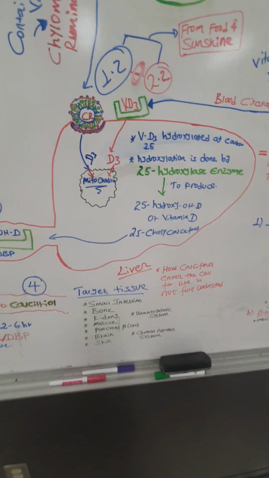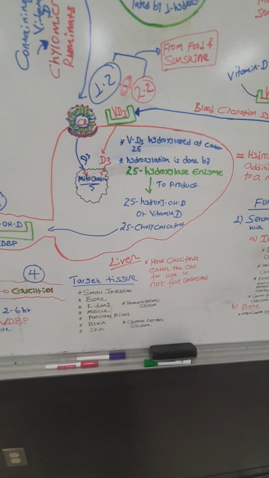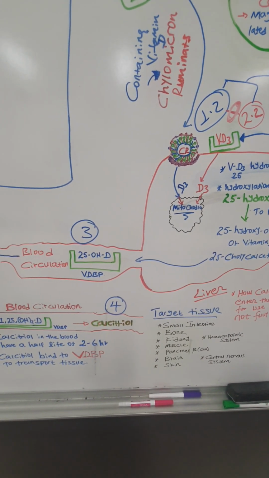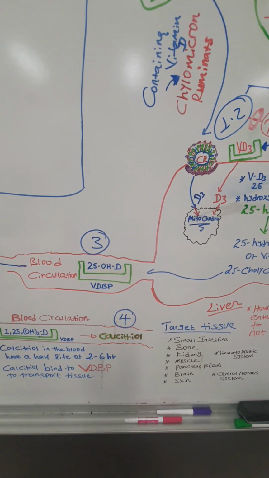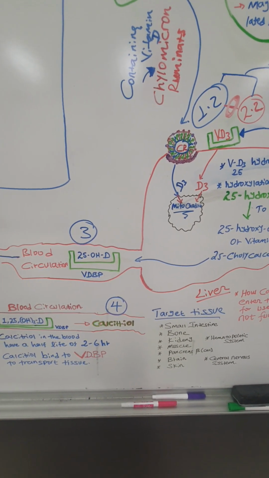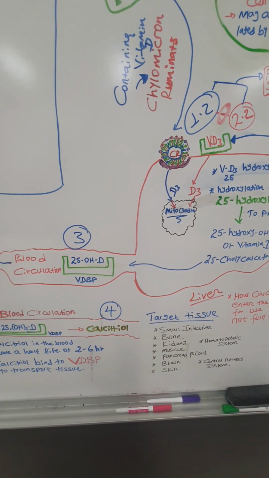Then this 25-hydroxy-OHD form of vitamin D3 will go out of the liver through the vena cava, reaching the right atrium, then it goes to the lung for oxygenation, because blood which is carried by the inferior vena cava is deoxygenated.